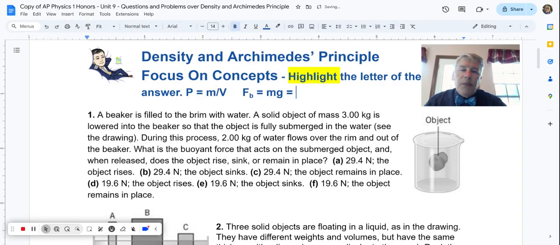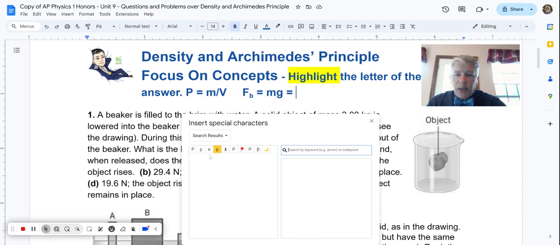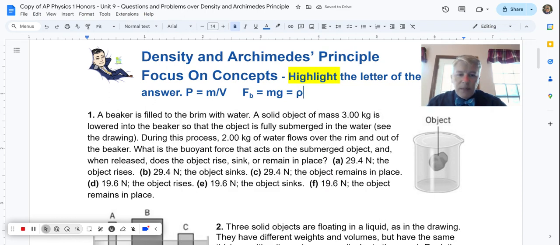However, if you're trying to find the mass of something, we can borrow that density equation and realize that mass is also equal to density times volume. So the way I like to write this is density, volume, and then gravity. We'll see this equation pop up a lot.